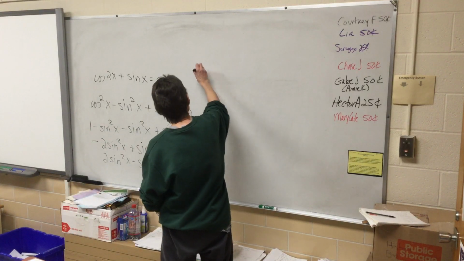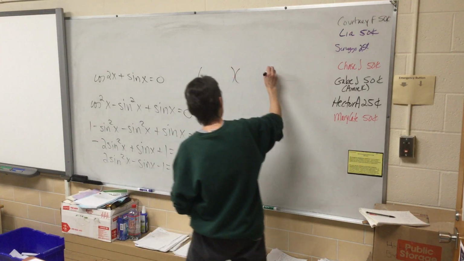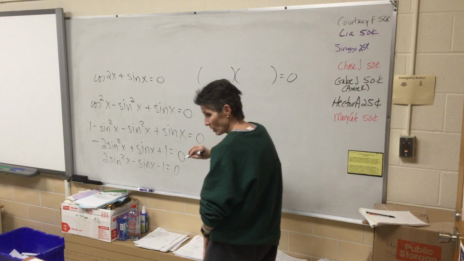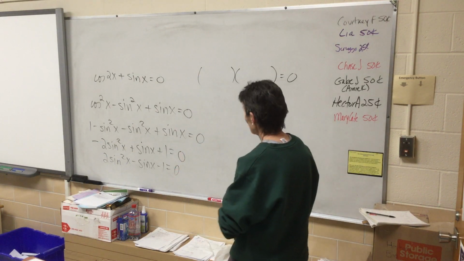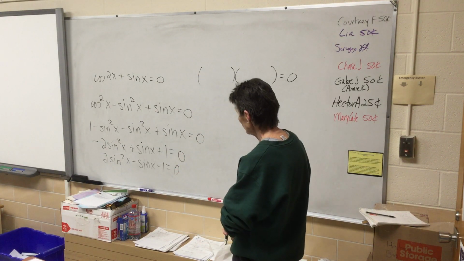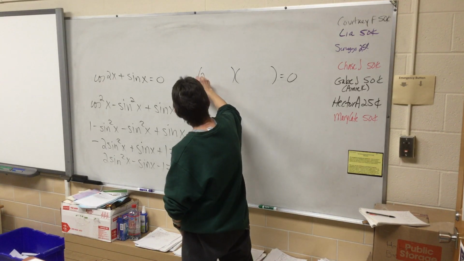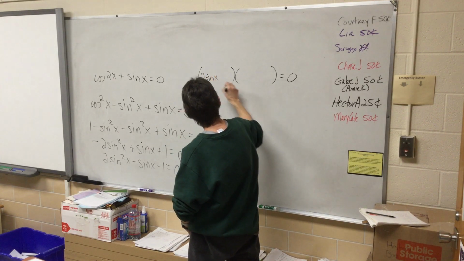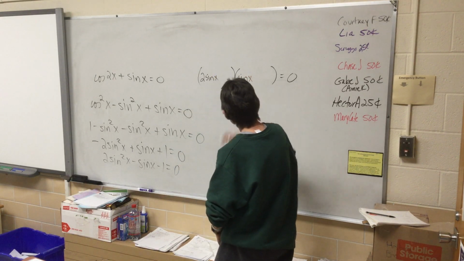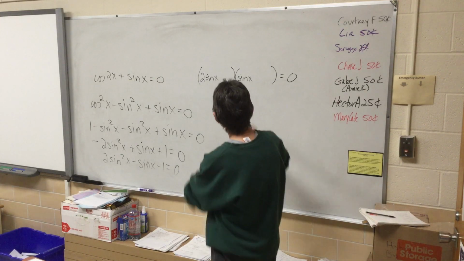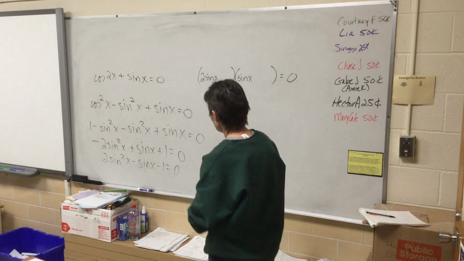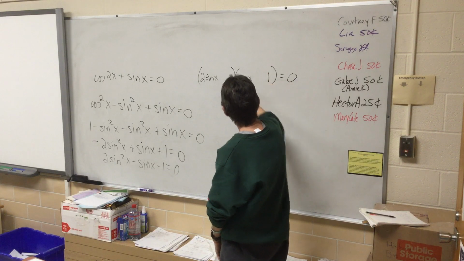And now, somebody said factor a little while ago. Now I'm ready to factor. Maybe, hopefully. So 2 sine and sine. That would give me my 2 sine squared. And then I really just need a 1 and a 1.